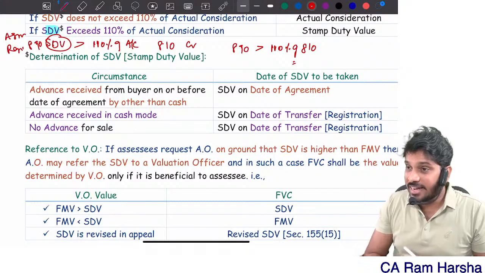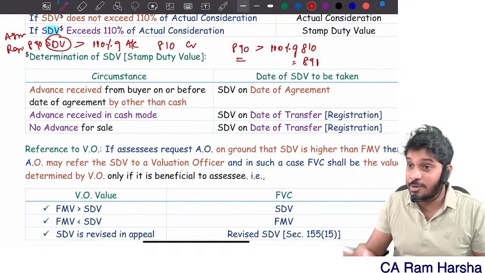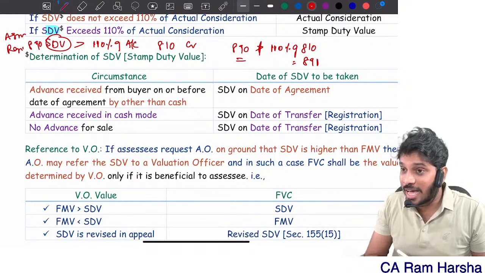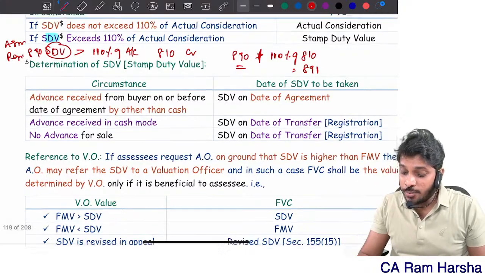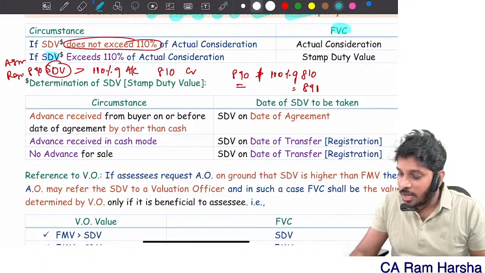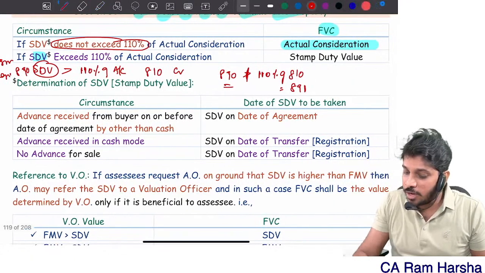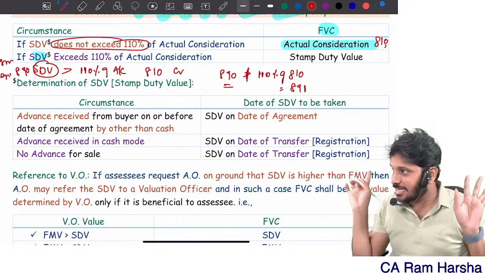Check out. 110% of 810 is equal to 891. No. Stamp duty value is not more than 110% of actual. Since stamp duty value does not exceed 110% of actual, full value of consideration is actual, which means 810 only we will take in the computation.